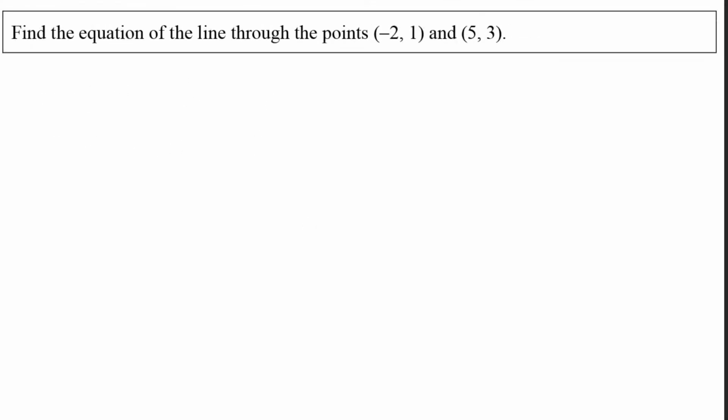Here's another example. Find the equation of the line through the points -2, 1 and 5, 3. Well, we've got 2 points that we know this time, but we haven't got a gradient. So before we can do anything, we're going to have to work out what the gradient of this line is.